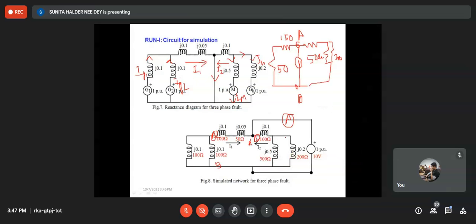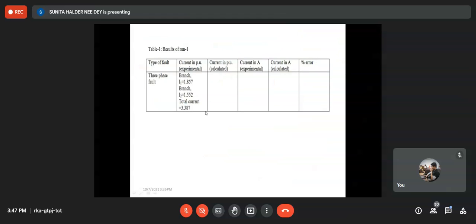So the ammeters are showing different currents because the contact resistances are not the same. So that's why we are not getting the same current, right? But when you do it theoretically, these two currents may be different, but the total current will be unique, and the total current will be the sum of these two.